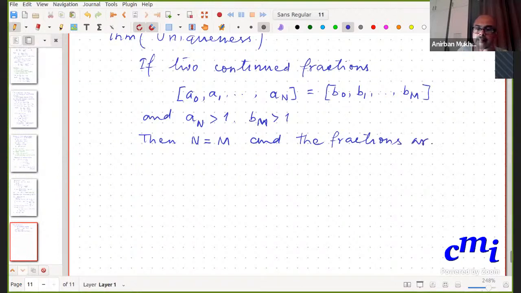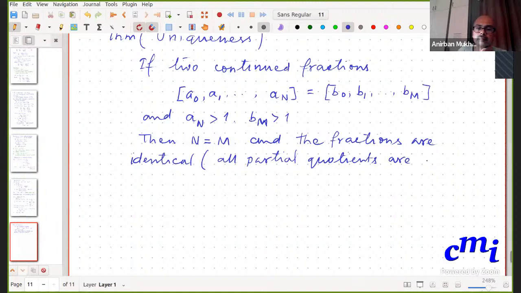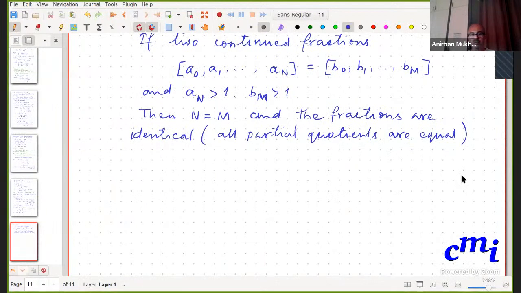By identical, I mean all the partial quotients are equal. Yeah, so let's prove that.